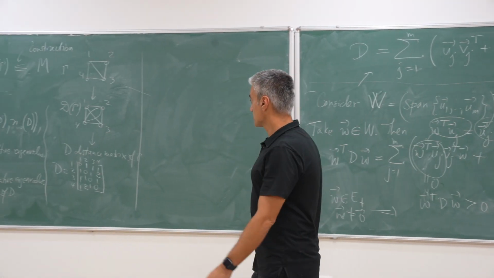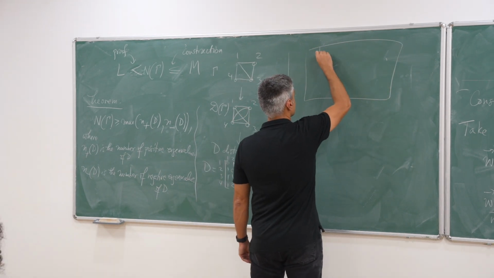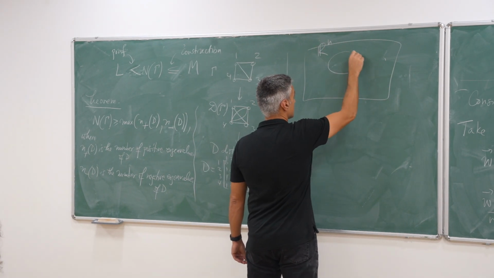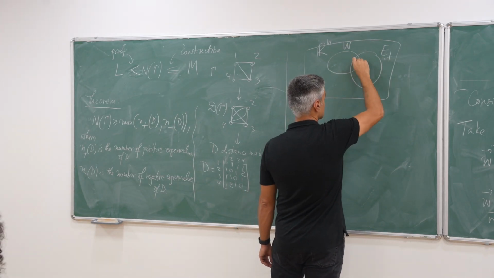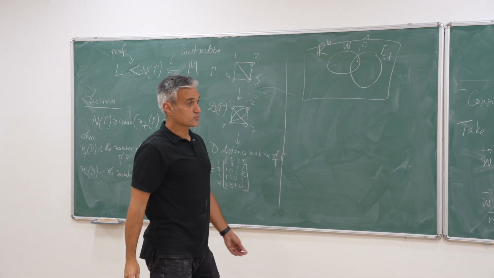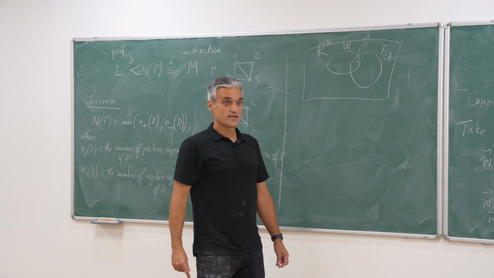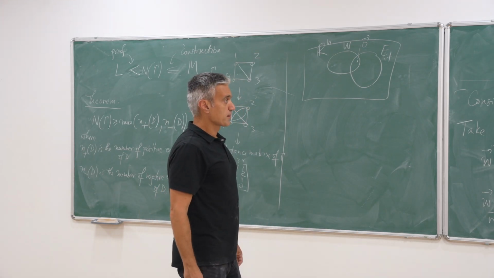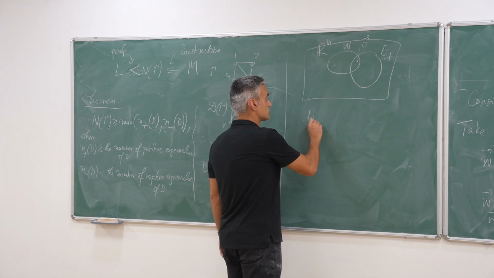In Rn, I have W here and E plus here, and they intersect only in 0.